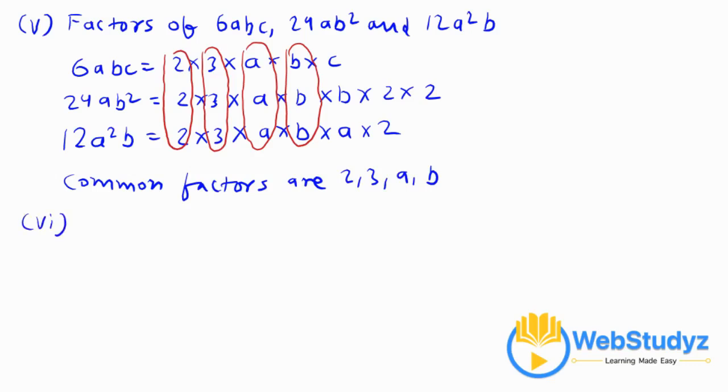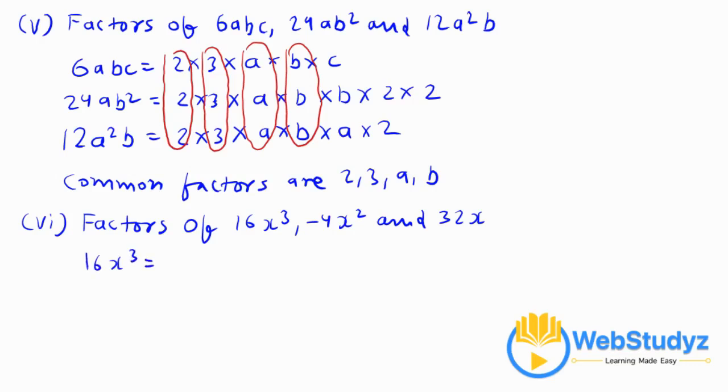Similarly, in sixth, we have to find out the common factors of 16x cube, minus 4x square and 32x. So factors of 16x cube will be 2 into 2 into 2 into 2 into x into x into x.